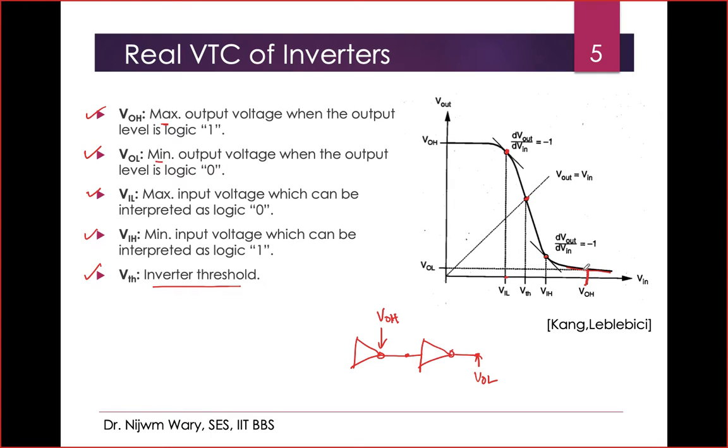So at this value, what is the output of the next stage inverter? At this point, the output of the next stage inverter will be VOL. Able to follow? Yes, sir. So just to define this VOL, we are claiming that whenever the input is at the maximum voltage, what is my lowest output voltage at the output of this inverter?